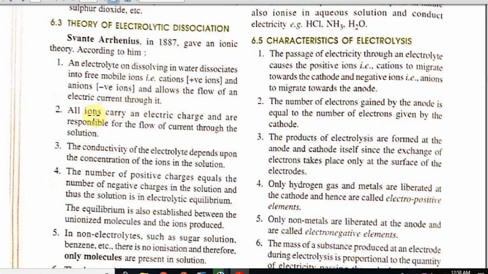All ions carry electric charge and are responsible for flow of current through the solution. The conductivity of an electrolyte depends upon the concentration of ions in the solution. The number of positive charges is equal to the number of negative charges in the solution, and this equilibrium, that is balance, is established between unionized molecules and ions.